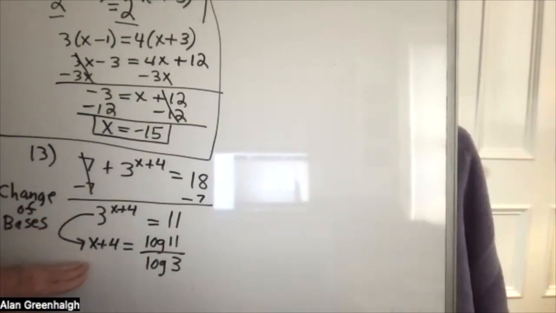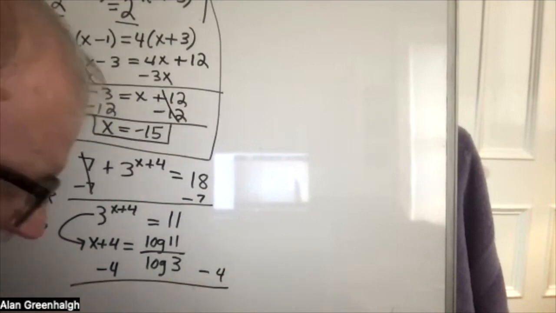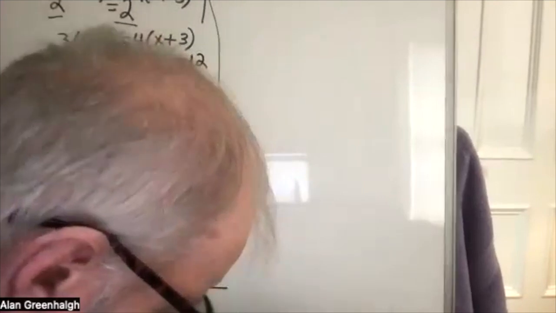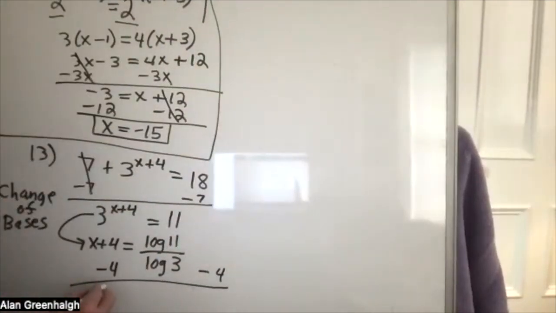Then, of course, you want to get x by itself. So your next step is to bring over the -4. And you wind up with x is equal to the log of 11 divided by the log of 3 minus 4.